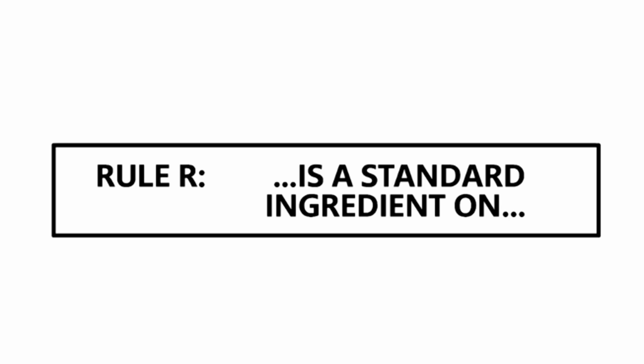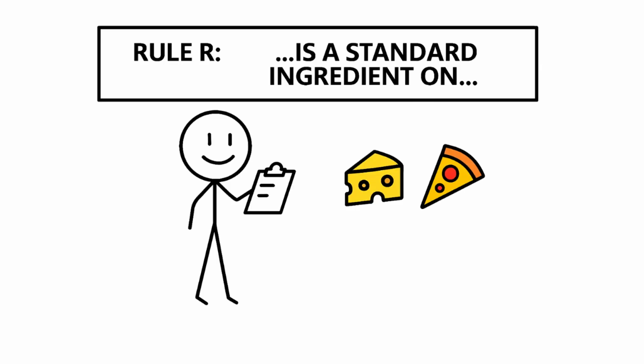Next, let us look at a new concept. Now, I have a rule. The rule R says: dash is a standard ingredient on dash. Well, we have two pictures here. This looks like a cheese block. This looks like a pizza slice.